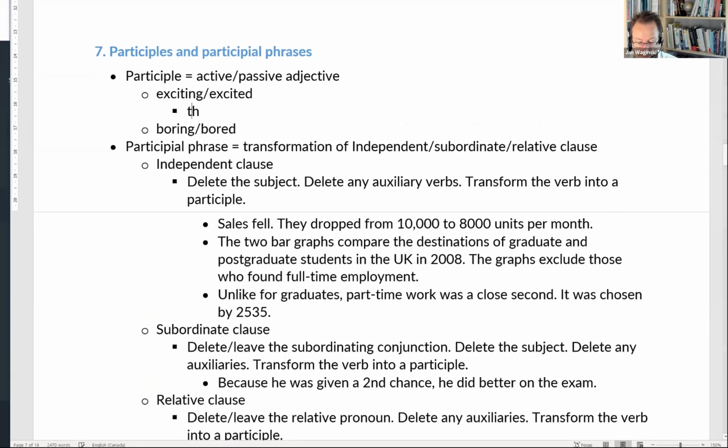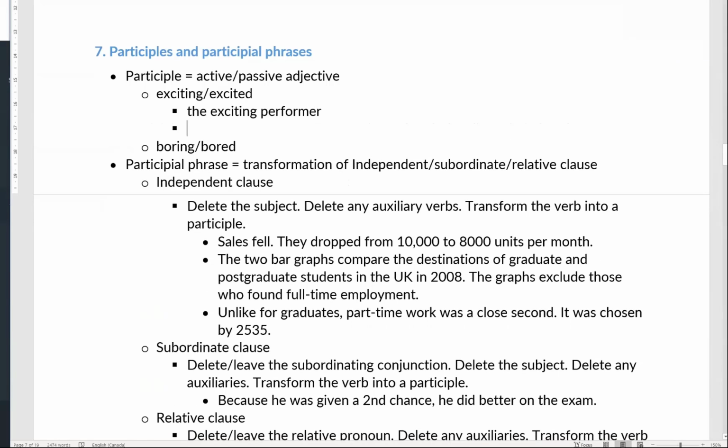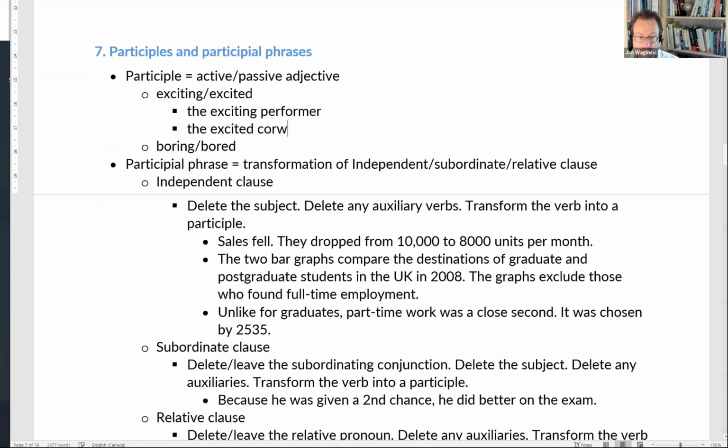You'd say the exciting performer, or you would say the excited crowd. Both of these are adjectives. Okay. When do you use the active form? When do you use the passive form?